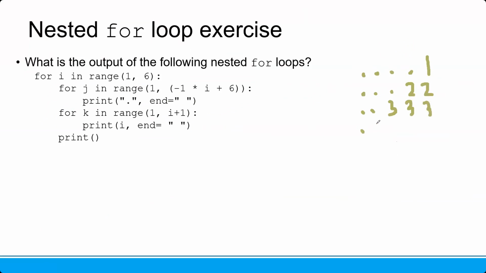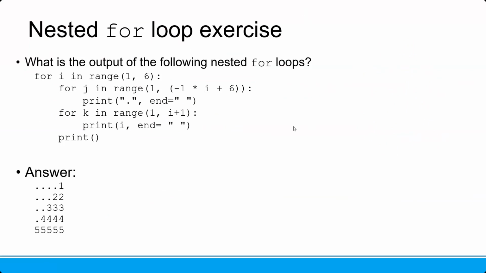If it is in the fourth line, I will print 4 numbers. Oh, sorry, 4. If it is in the fifth line, then I will print 5, 5, 5. Okay. This is the result.